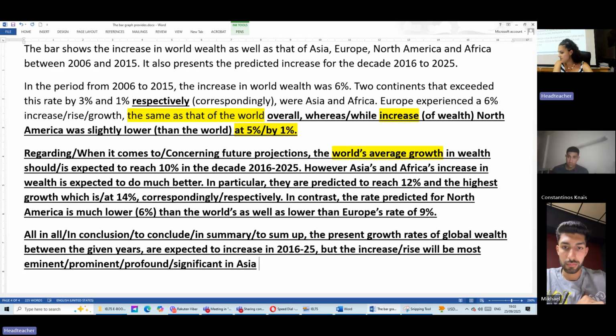Which continents will do better in the future? In Asia and Africa.